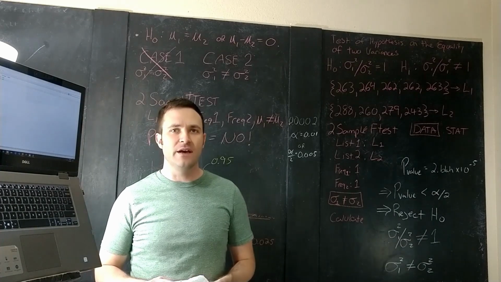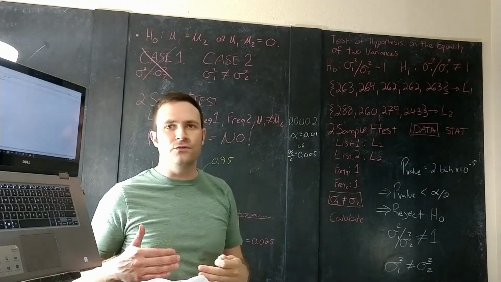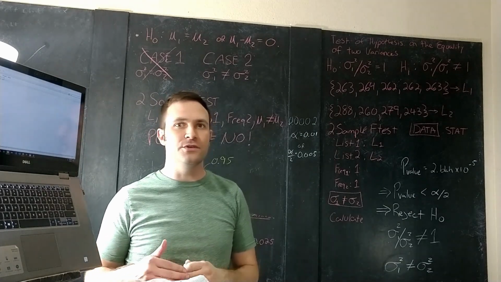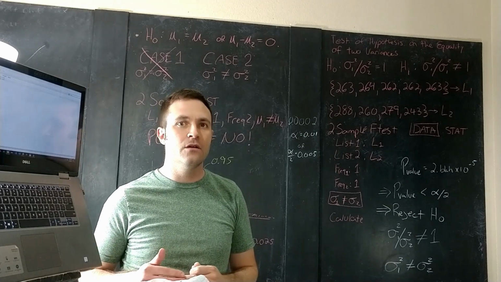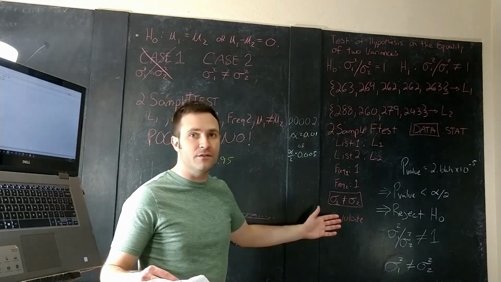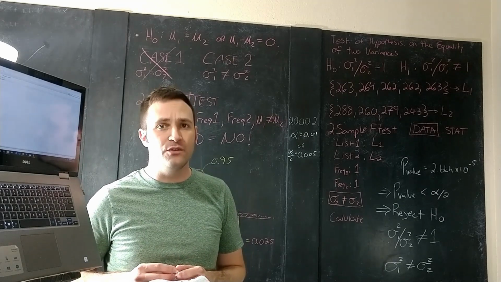So I should also add that during this hypothesis test, I chose my rejection criteria. I chose the probability of type 1 error for which I would reject the null hypothesis. So I picked 5%. I could have picked 1%.